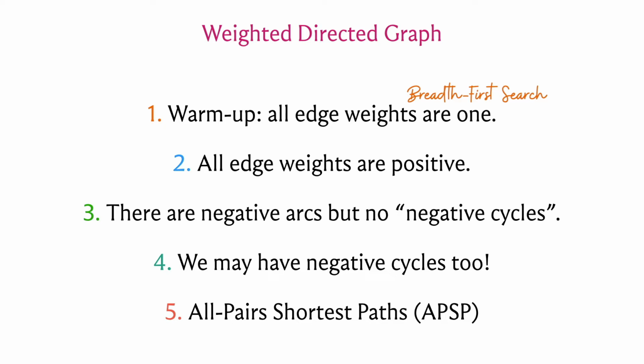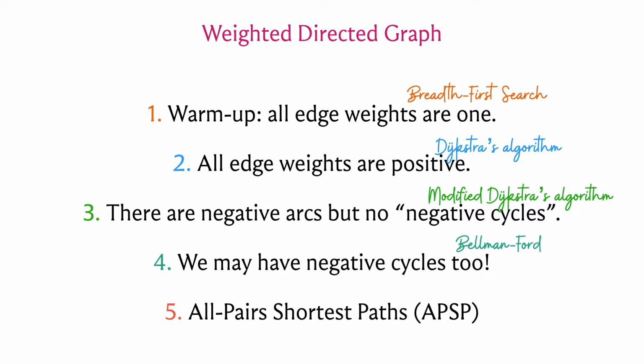The case when all edge weights are positive can be handled by Dijkstra's algorithm, and a slight modification to Dijkstra's algorithm makes it work even when we have negative edge weights, but no negative weight cycles. Once we do allow for the possibility of negative cycles, there's the Bellman-Ford algorithm, which allows us to either determine the shortest paths correctly or detect the presence of such a cycle.